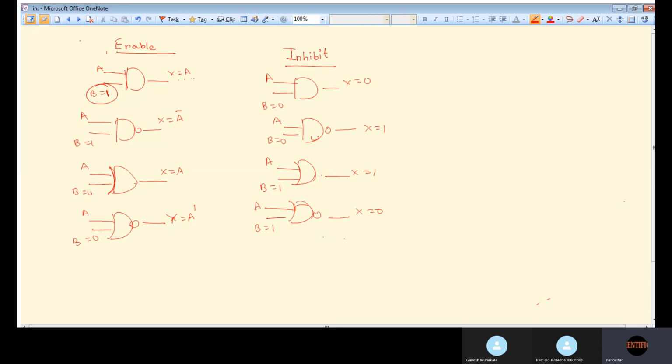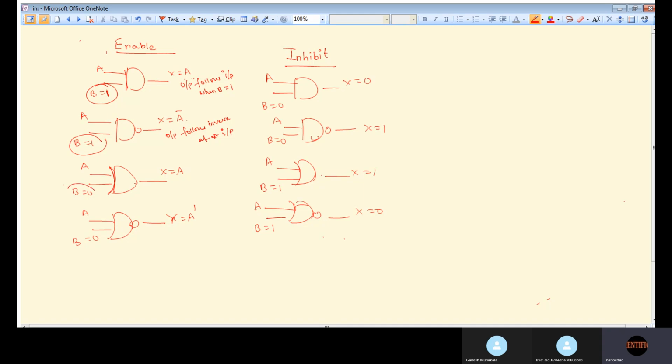In the second case, the output is the complement of the input, the inverse of A. So when B is equal to 1, the output is nothing but the inverse of A.